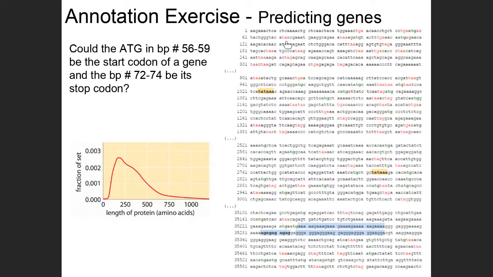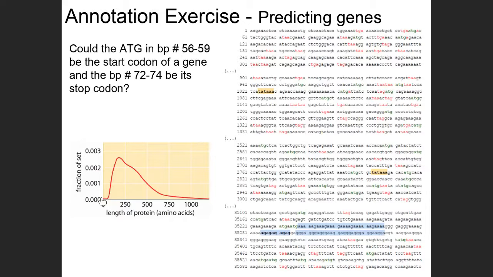The other thing is, let's pretend that this was in frame, but this ATG is very close to this stop codon here. And that would make a protein that is so small. It's not even a peptide. It's way too small to be anything. So how do you know it's too small? You look down here.